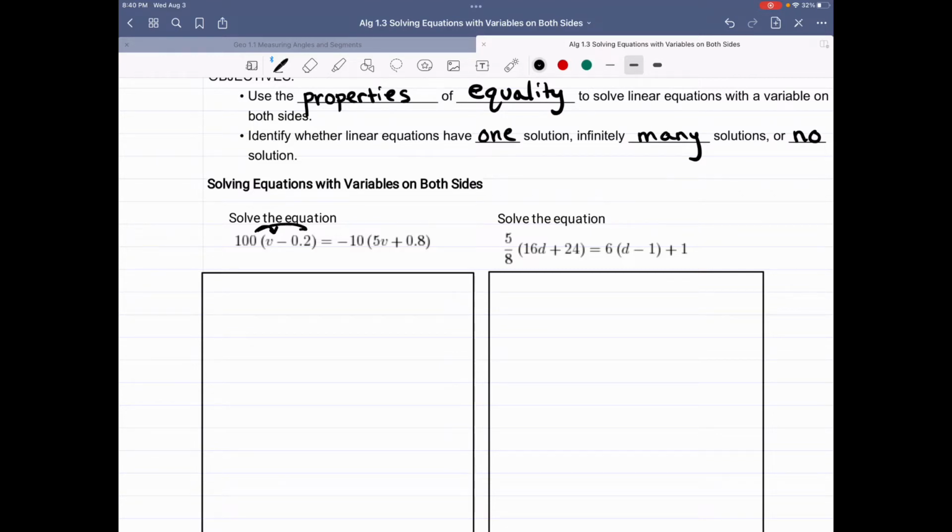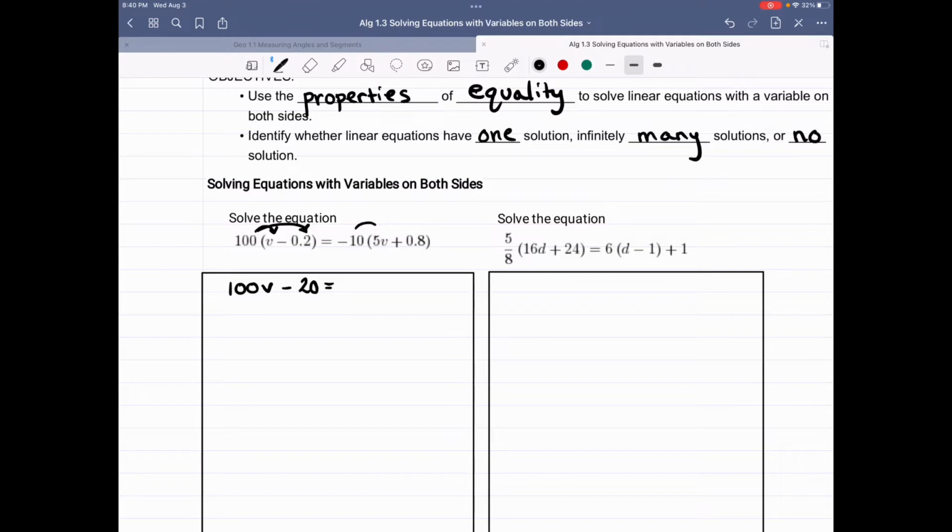We did this with our algebra tiles. So we have 100v, remember the grouping, minus, what's 100 times 0.2? You can do that in your calculator. It's 20, right?